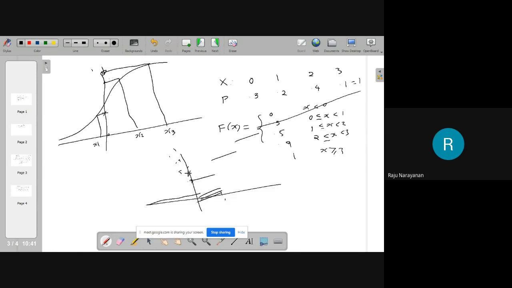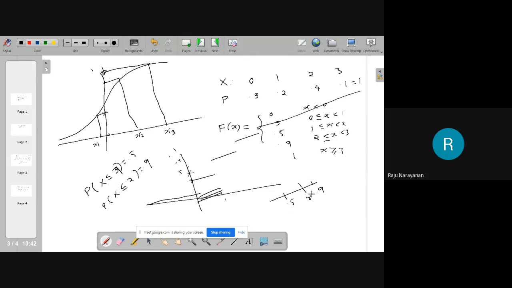Suppose the number is between 0.3 and 0.5, then you can see that the probability that x is less than or equal to 1 is 0.5, and the probability that x is less than or equal to 2 is 0.9. Suppose you are getting a random number between 0.5 and 0.9.